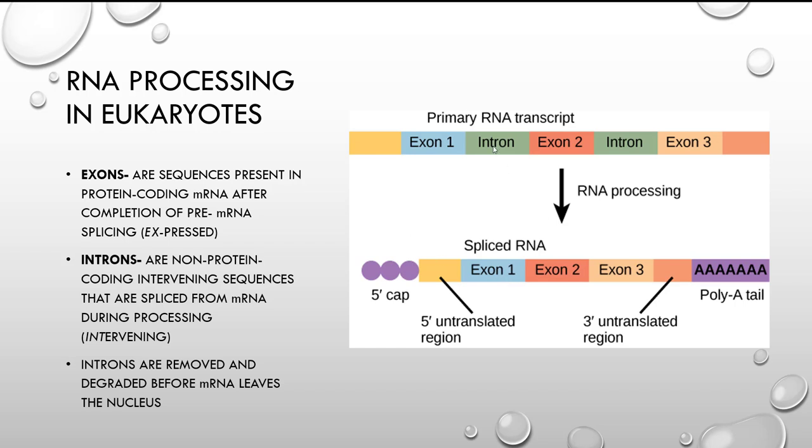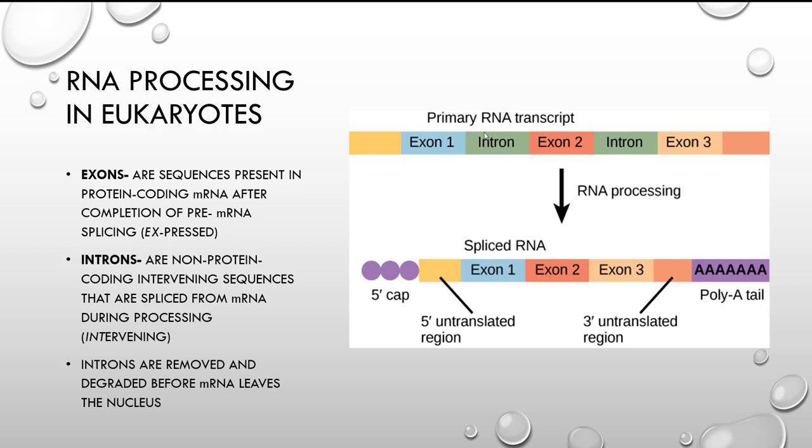Introns are non-coding, non-protein coding, what we call intervening sequences. So we call that kind of junk DNA, or junk DNA sequences. So we need to splice those out before the mRNA leaves the nucleus.